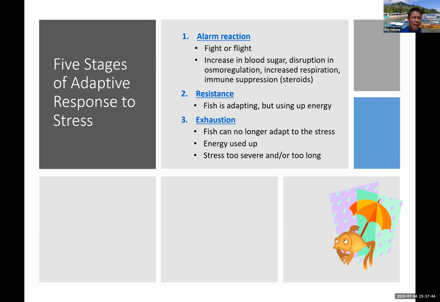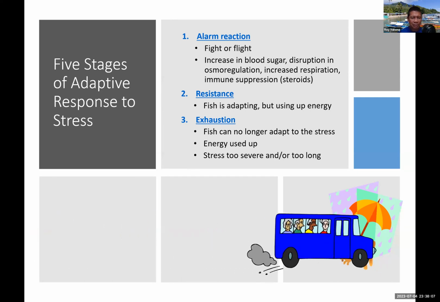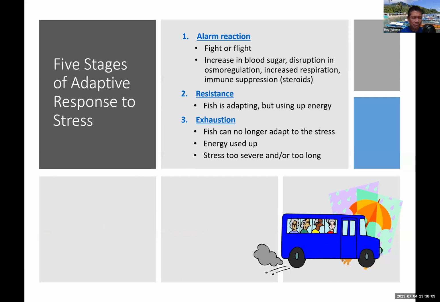So what happens and what are the stages of stress, or the 5 stages of adaptive response to these stressors, or to the stress that the fish is feeling? The first stage we talk about is the alarm reaction. And that is something you may have heard of. It's called the fight or flight. People have it too. A good example is if you walk in front of a bus that's coming at you, you're going to have this initial surge of adrenaline.